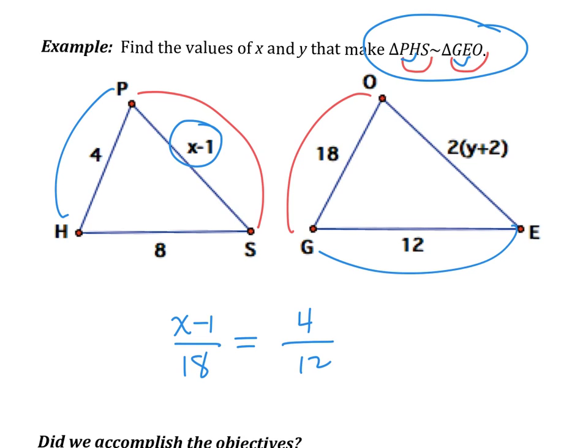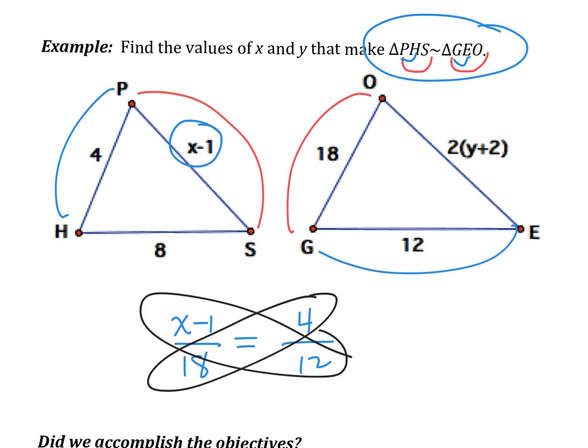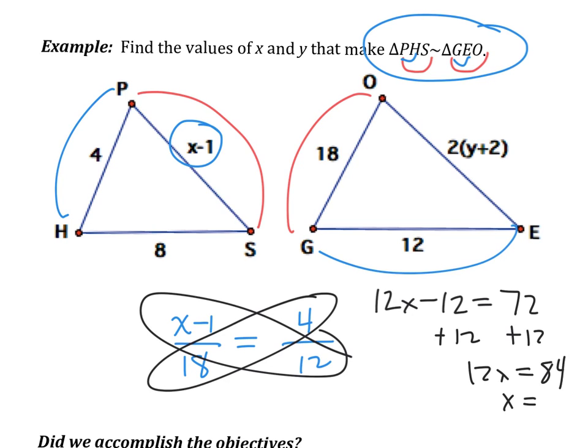Big reminder on this: when you cross multiply with the x minus 1, make sure you distribute the 12 to both. So you get 12x minus 12. Solve, tell me what you get. Everybody good on x equal to 7?